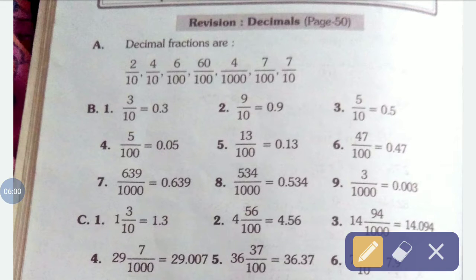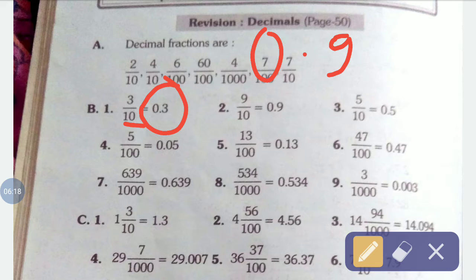Here the denominator is 10, so you can write it as 0.3, meaning write the 3 as it is and give the decimal point. Here also it is 9 upon 10, so your answer will be 0.9. Then 5 upon 10, write 5.